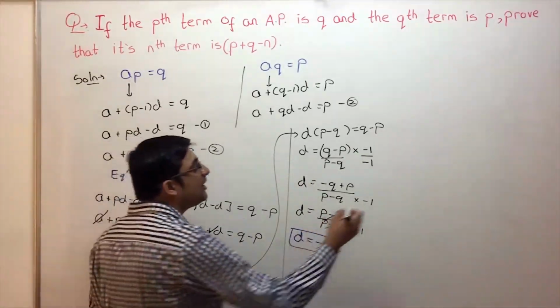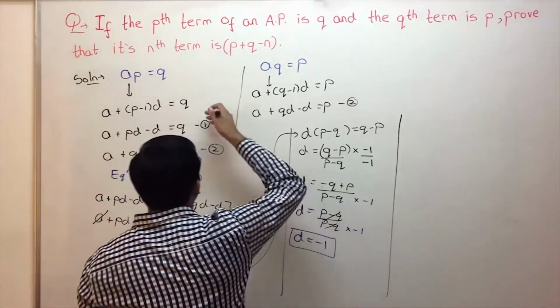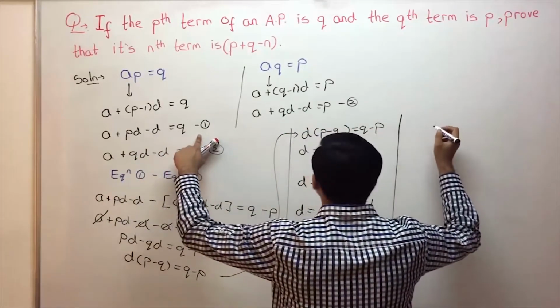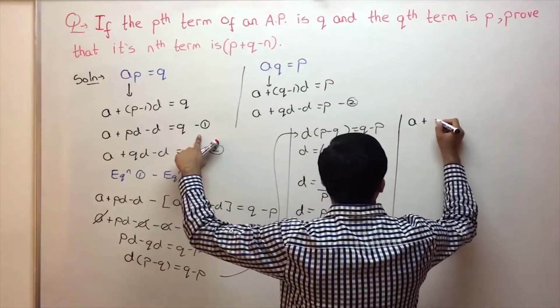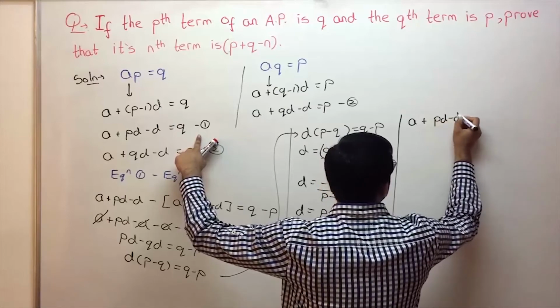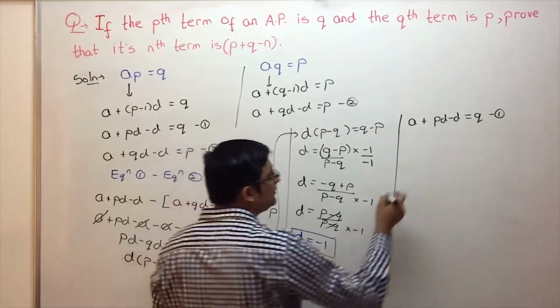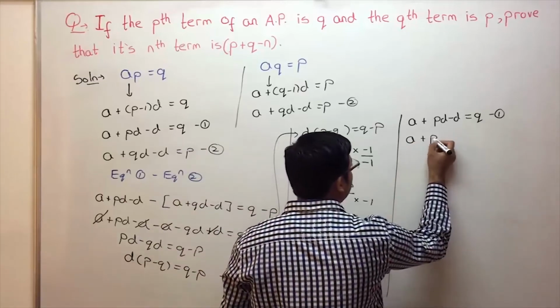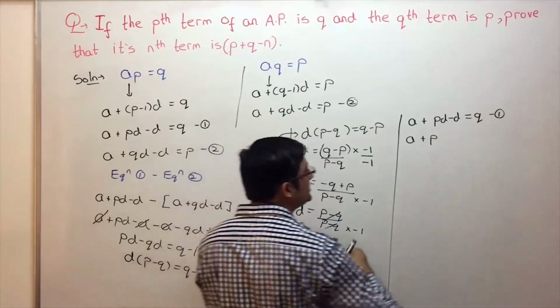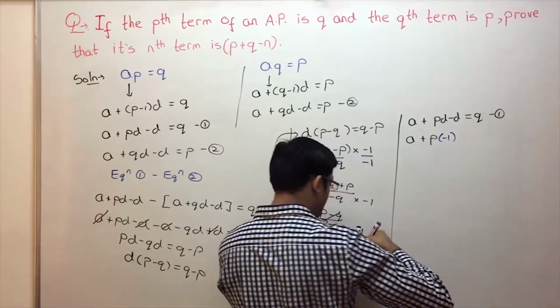Now that we have D, how do we get the value of A? Just take any of these two equations. Let's say I take the first one: A plus PD minus D is equal to Q. Just substitute D as minus 1 over here. So A plus P multiplied by D, what is the value of D? Minus 1.